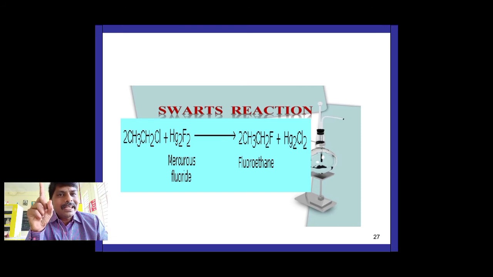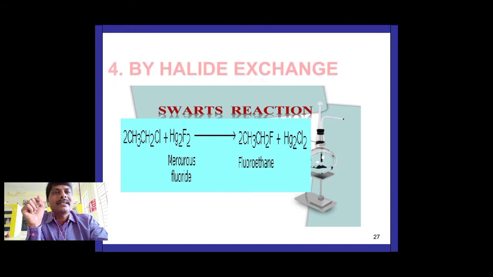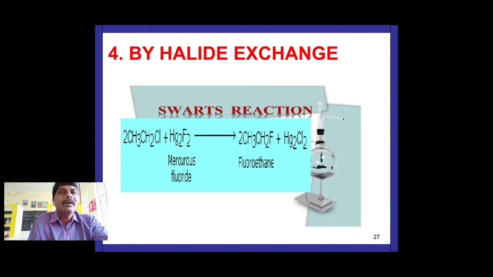In Finkelstein reaction also F is there in the name. You remember these two Fs are not in the same combination. In Finkelstein reaction there is no fluorine present at all. In Swarts reaction you prepare fluorides. So like this you have to remember, these are the methods of preparation of haloalkanes.